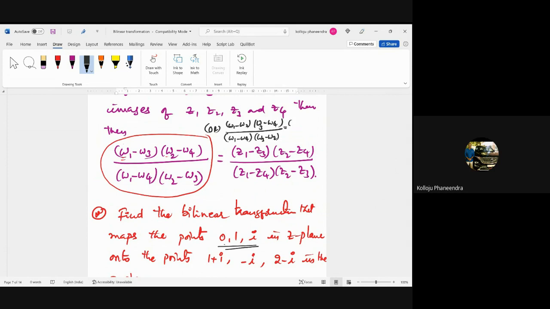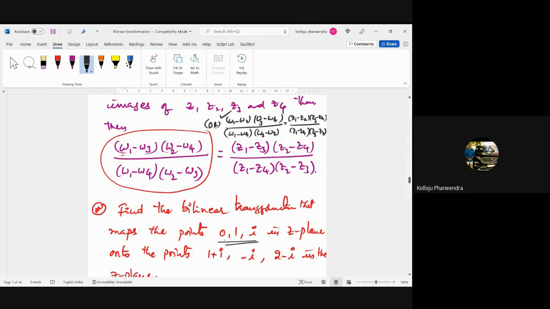Same as it is, just replace W's by Z: Z3 minus Z4, whole by Z1 minus Z4, next Z3 minus Z2. Okay, I will use this principle. This is the principle, a sequence to remember.